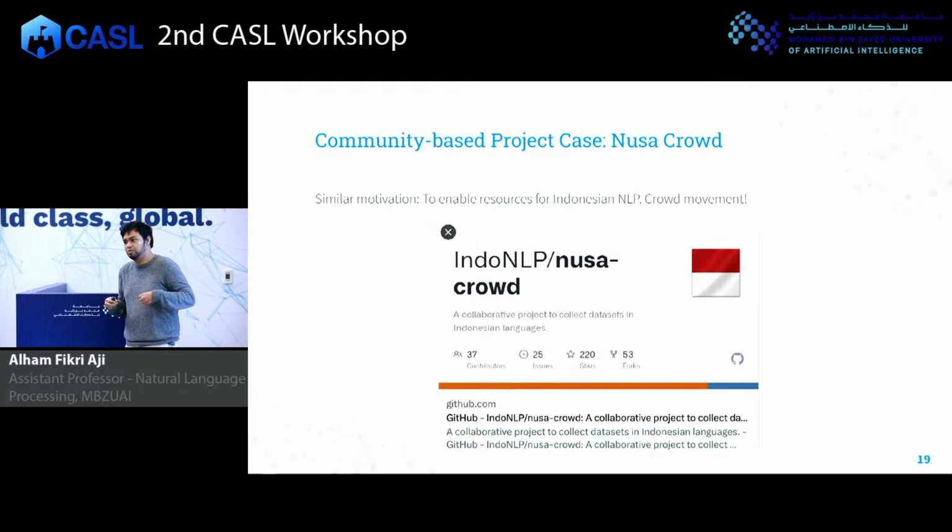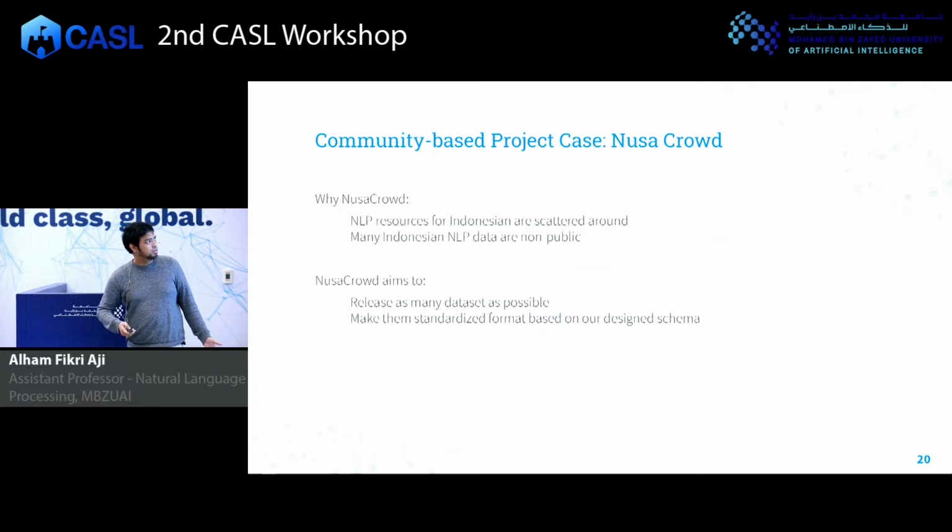At least if you Google that, you can find the project. Why do we have Nusa Crowd? Because, as we mentioned before, local universities actually do research on the languages, but in the Indonesian context, sometimes they don't release it. They just keep it by themselves, partly because they're not in the custom of releasing datasets, but for some other reasons as well.